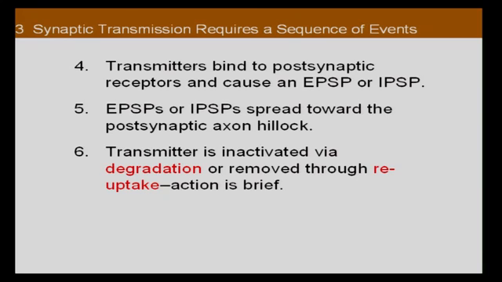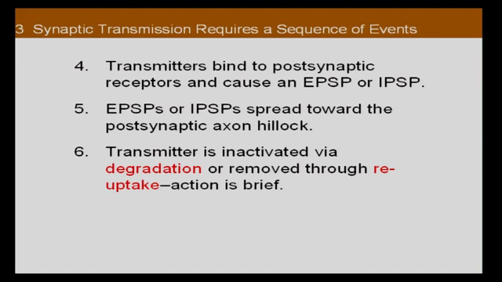But then we have a cleanup stage right here. You have all this transmitter spit out into the synaptic cleft. What's to stop the transmitter from activating the receptor all the time? You also have a cleanup function.